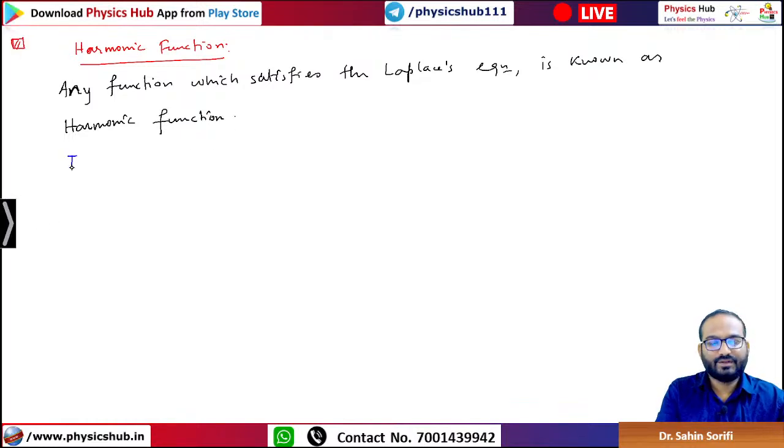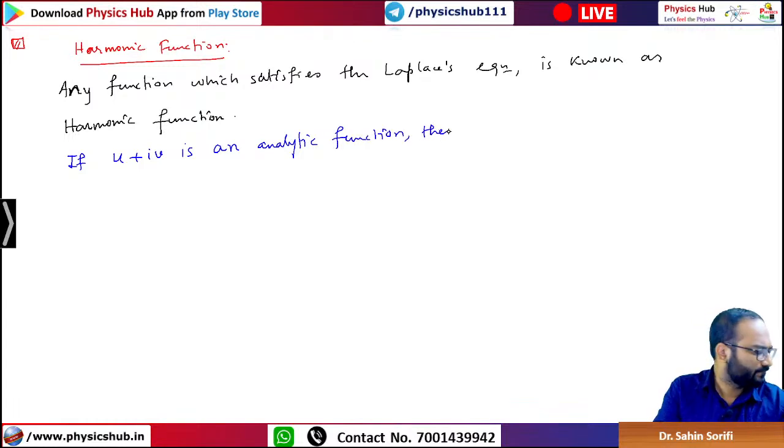Now you see, if u plus iv is an analytic function, then both u and v will satisfy Laplace's equation, and they are called conjugate harmonic functions.